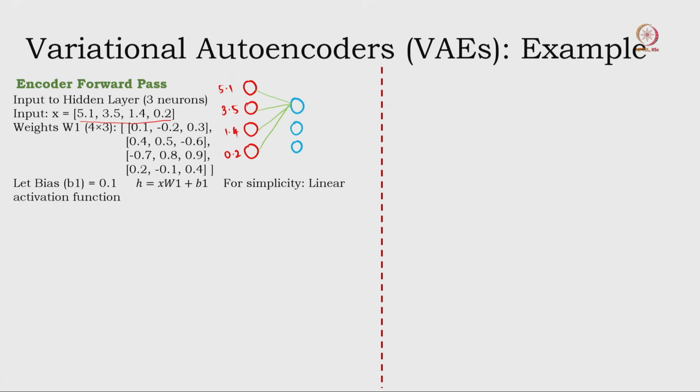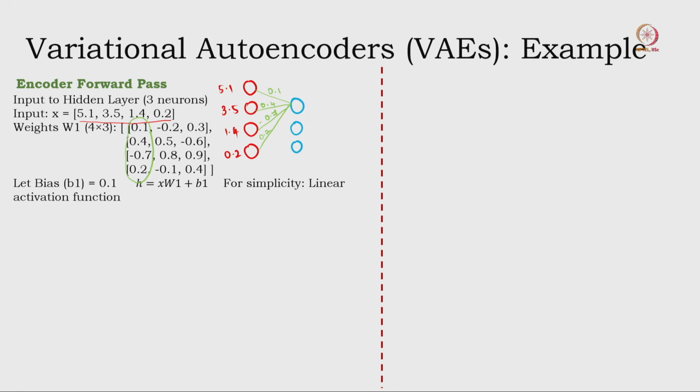Can you see? These are the first set of weights, which means we have 0.1 here, 0.4, then minus 0.7 and here 0.2.